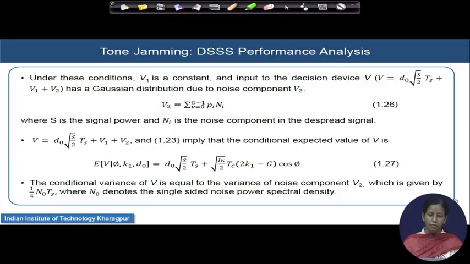Remember one thing: once we consider the equiprobable case, this V1 is approximately constant.